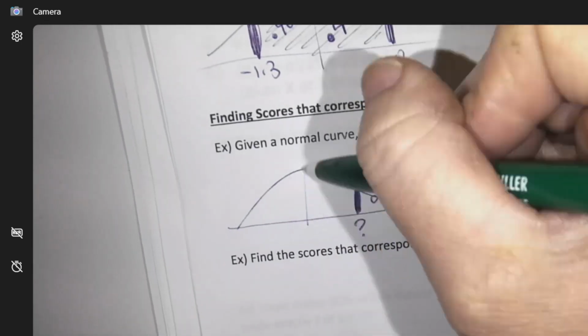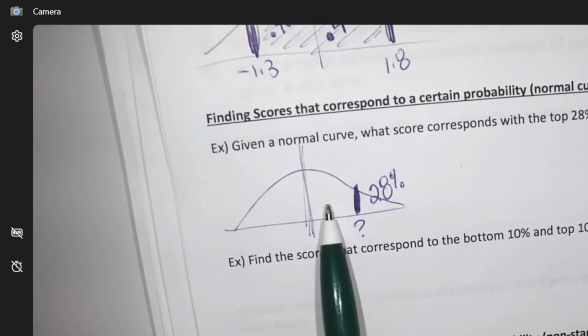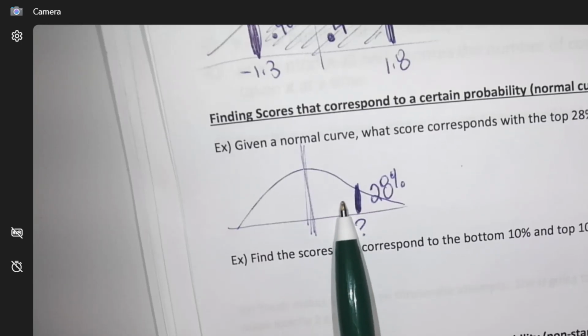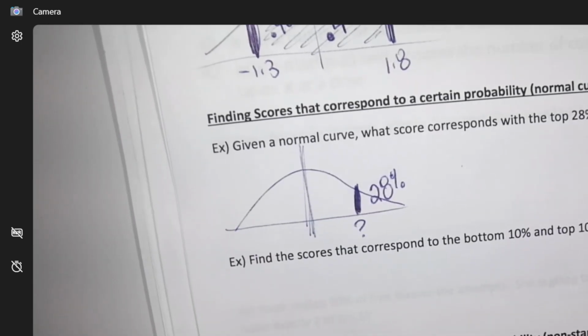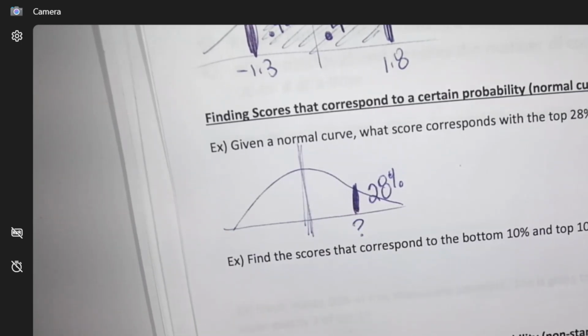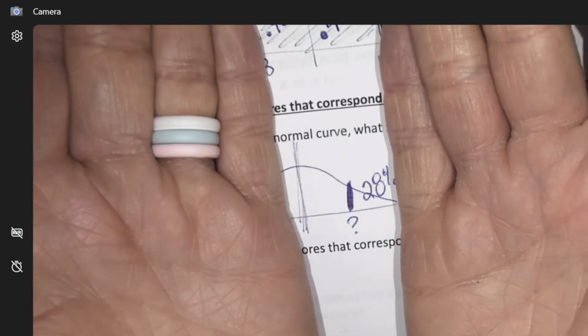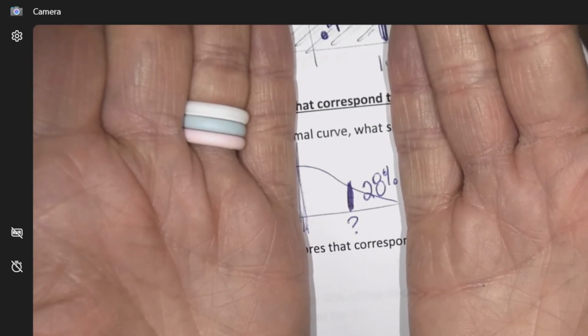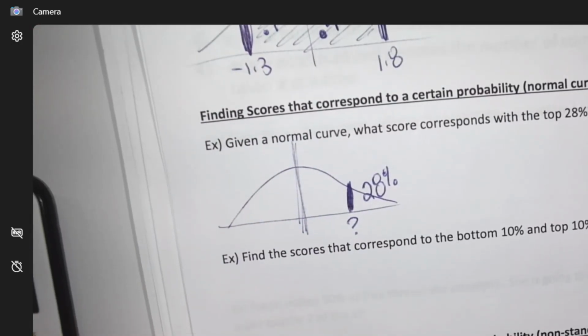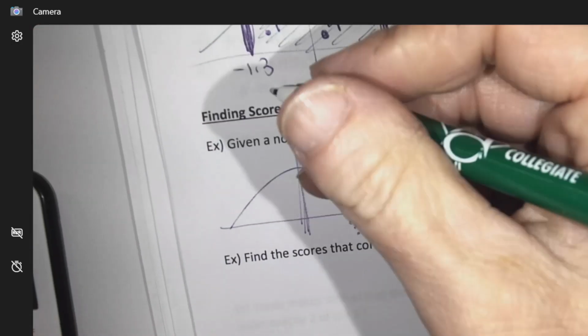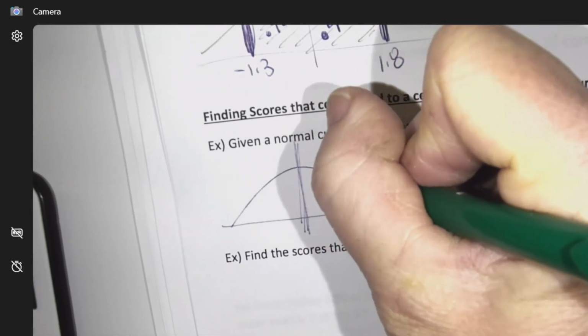Here's my first question. What's the percent between me and the middle? What would you do to get that? 50 minus the 28, right? Because this is all 50%. So 50 minus the 28. So there's 22%.